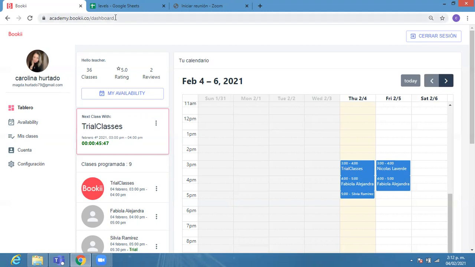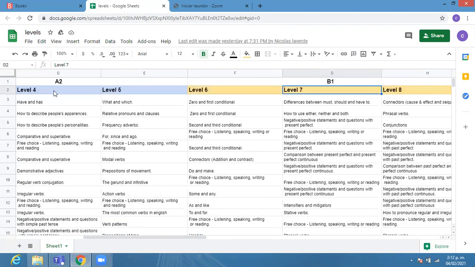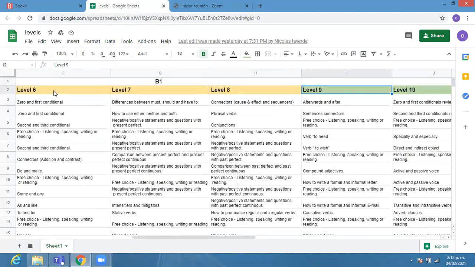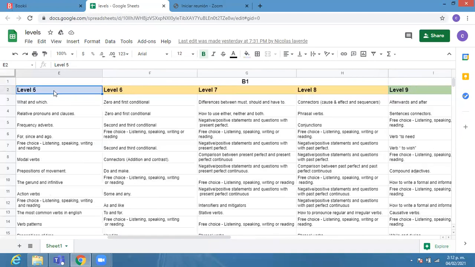So, talking about the enrollment of our courses, this is the new setup. We will have 11 levels. So, in this Excel format file, you will find the main contents of all the levels.